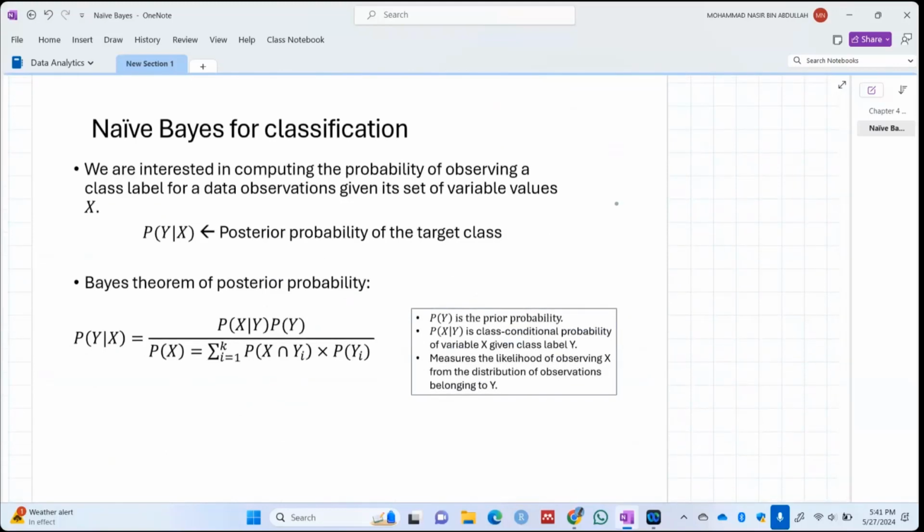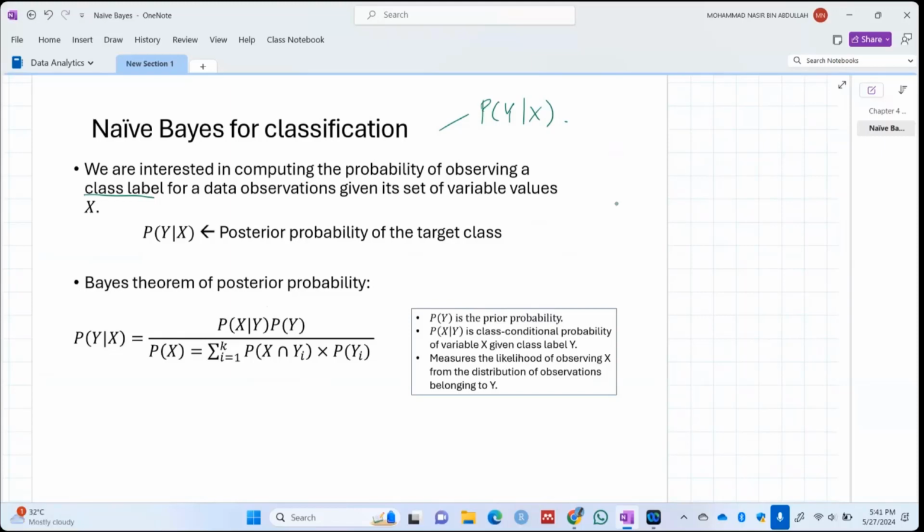In naive Bayes classification, we are interested in computing the probability of observing a class label for a data observation given its set of variable values. So as I said just now, we are interested to find the probability of Y given X. Instead of calculating X given Y, we are looking into the probability of the outcome given the independent variables.